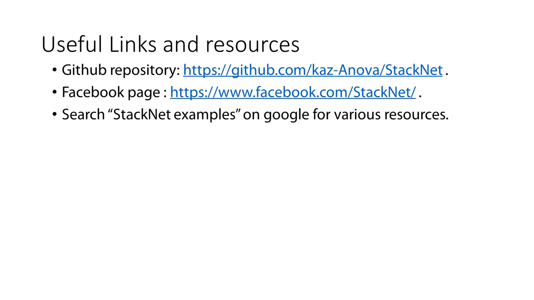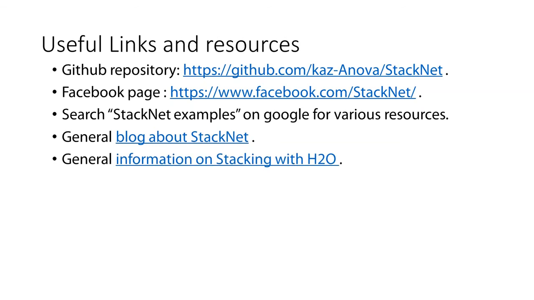If you search StackNet examples in Google, you will find a few mostly related with Kaggle, but there's obviously the main GitHub page too. There is a blog about StackNet where it explains some things a bit more, let's say, in an easy manner.